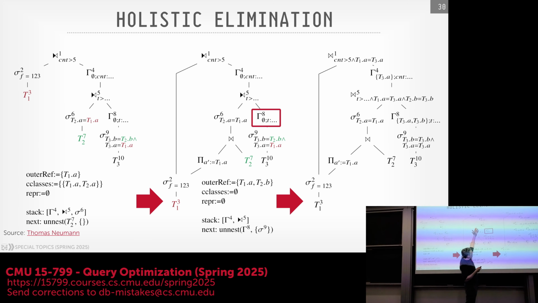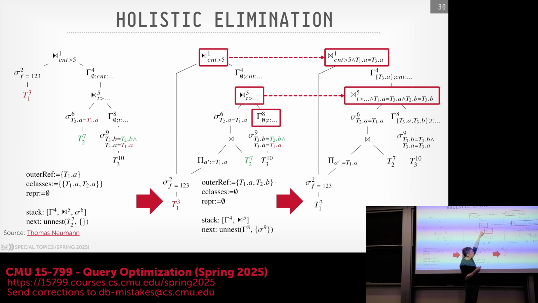The top one I can kind of see because it's similar to one we had before. You're pushing up the filter and that becomes the top. This one here is the magic. This join 5 here, right? Because you're rewriting on the other side. You're not spanning out what this join is.